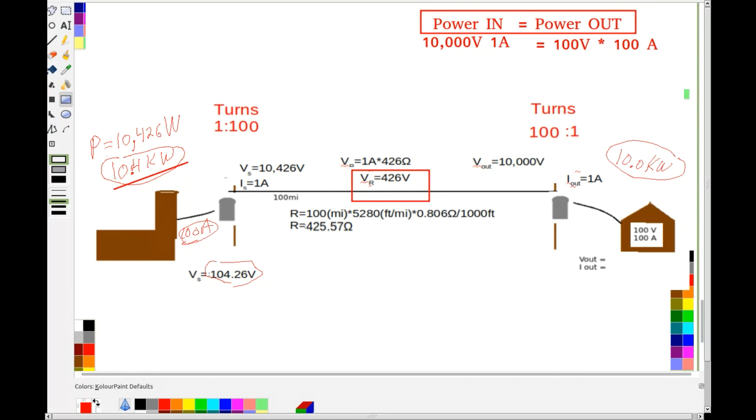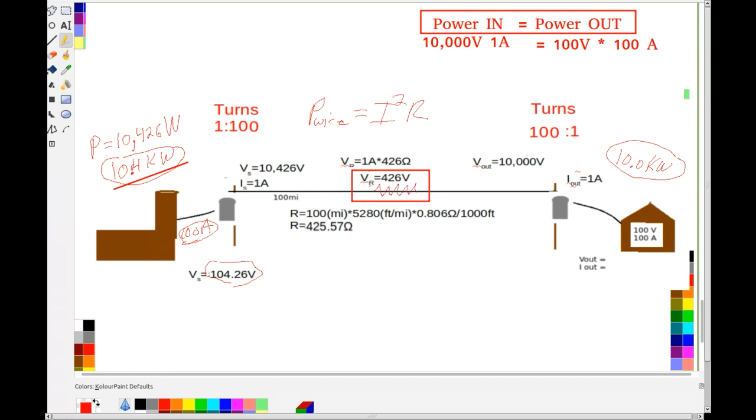And you can see by being able to step up that voltage, because remember the key here is your loss, right? The power in the wire is equal to I squared times R, right? That's the power in this resistance. There's this resistance in this wire.